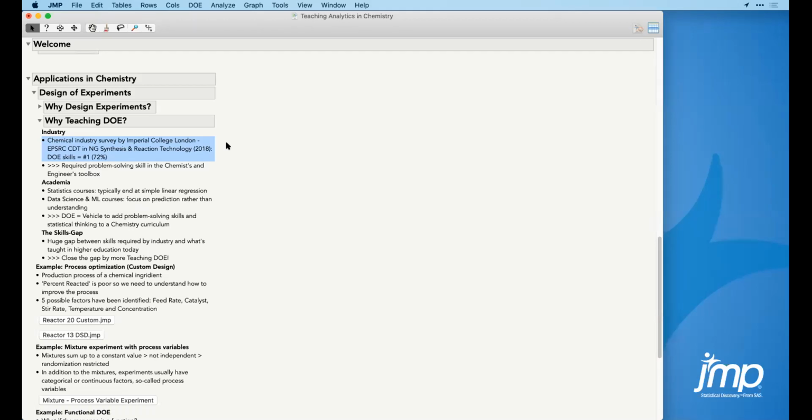What should we teach in our CDT? And guess, the number one skill mentioned was design of experiments. 72% of the companies required that skill.